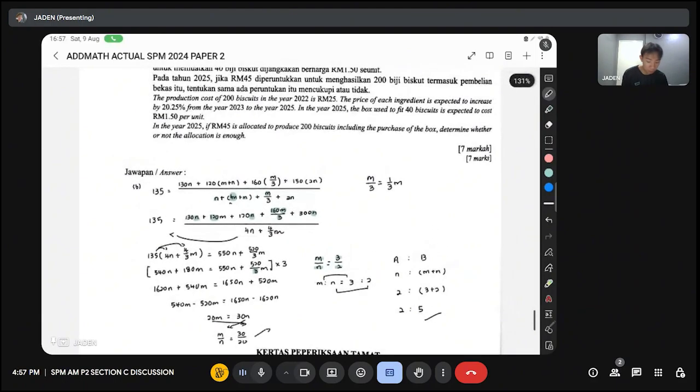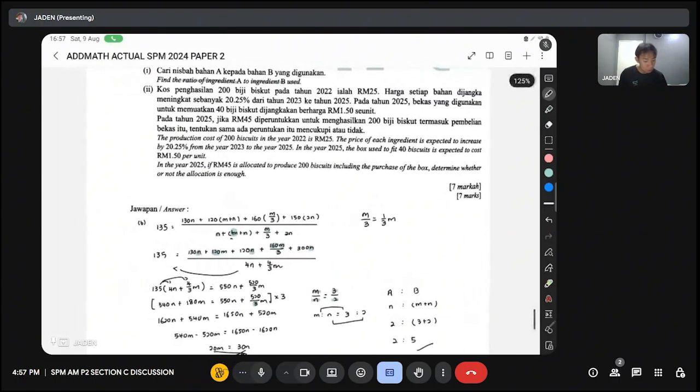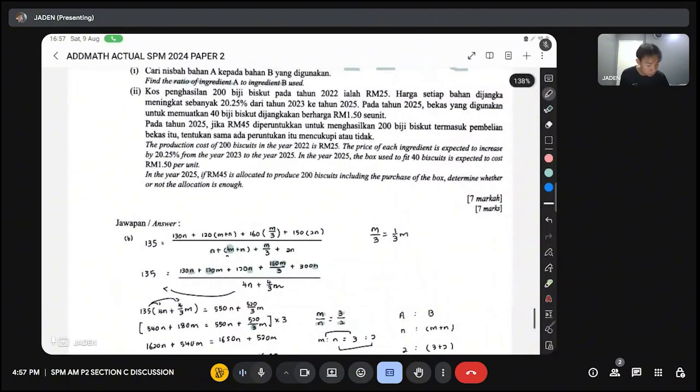Let's proceed with the last part, which is C here. It's B2. Okay, it's B2. The production cost of 200 biscuits in the year 2022 is 25. The price of each ingredient is expected to increase by 20.25% from the year 2023 to 2025.